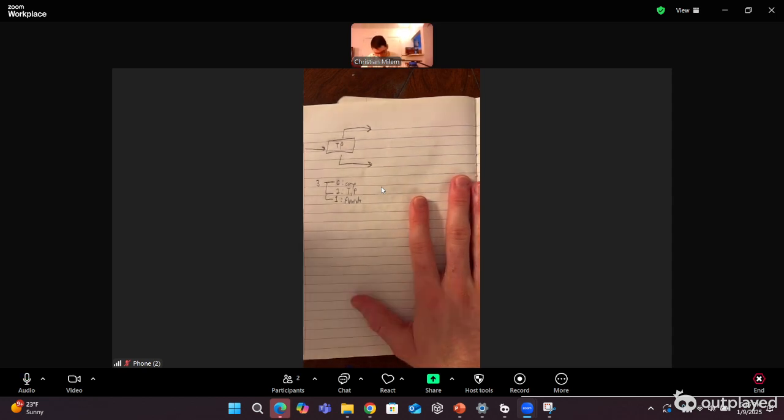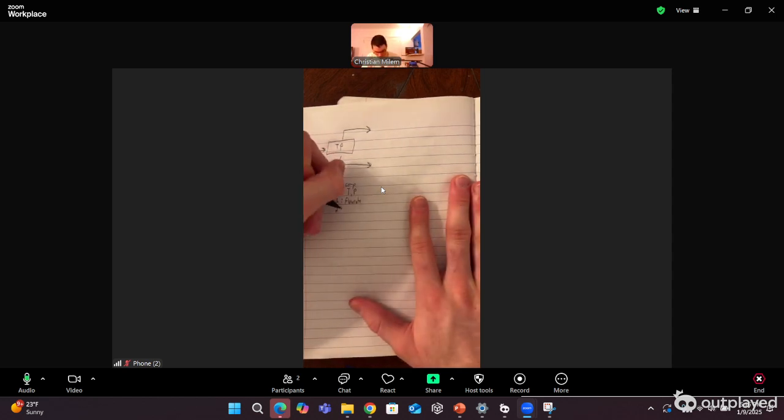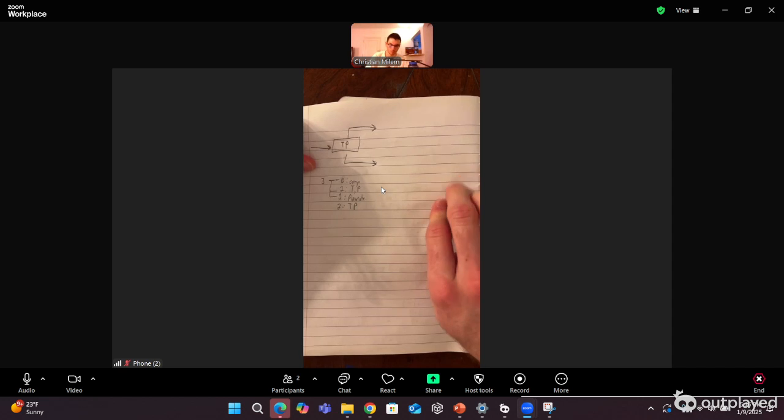And then I can't remember if we have a heating element. I don't think we have a heating element in this one. So we have 2 T and P of the system. All right.